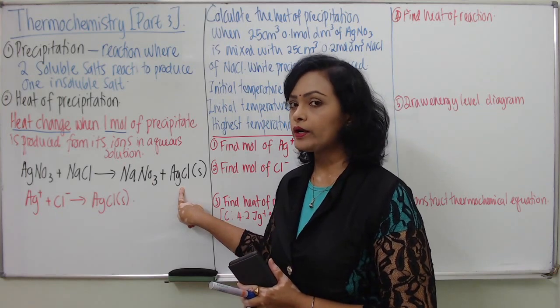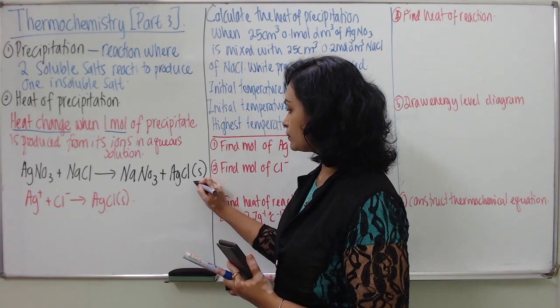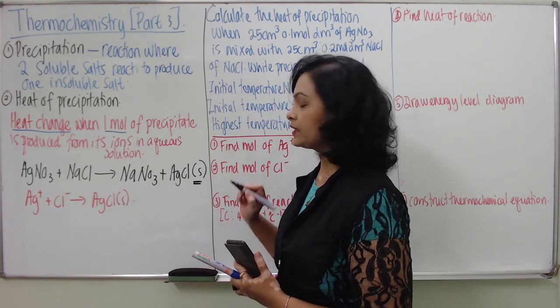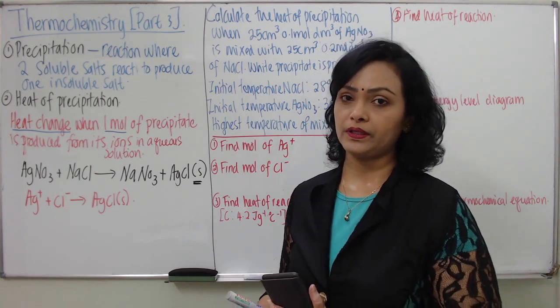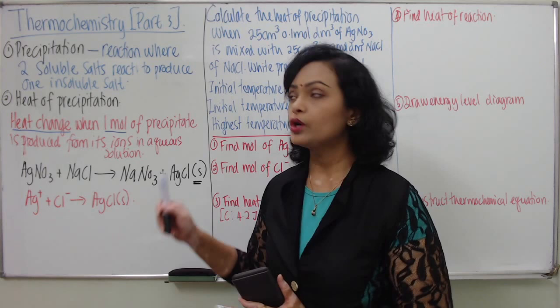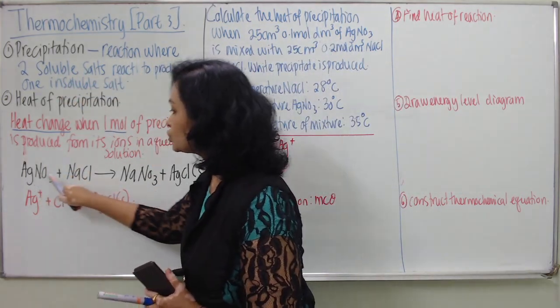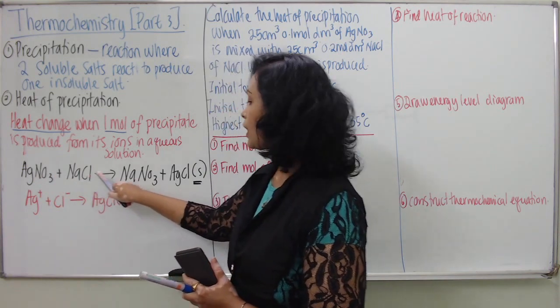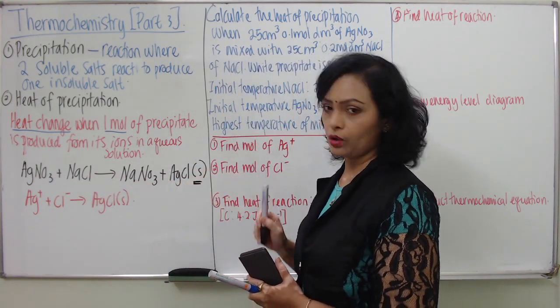Now, silver chloride or argentum chloride, as the term here shows, is a solid and it is insoluble. So, this is a double decomposition reaction where two soluble salts are combined to produce one insoluble salt.